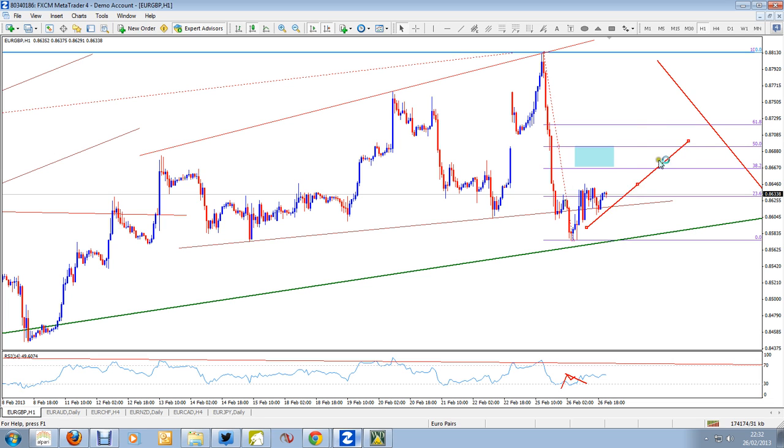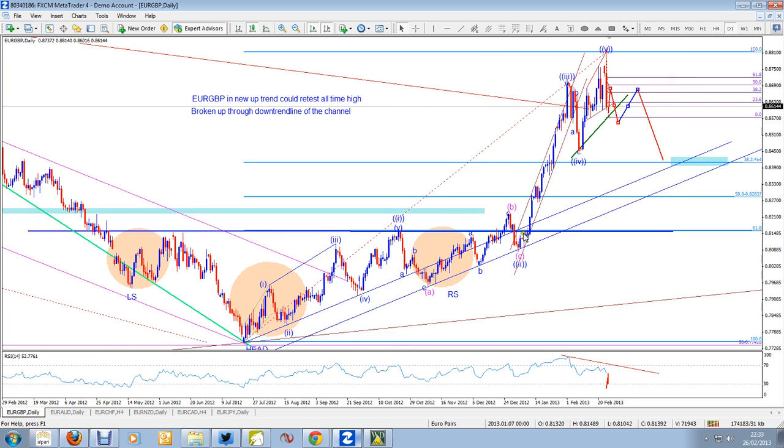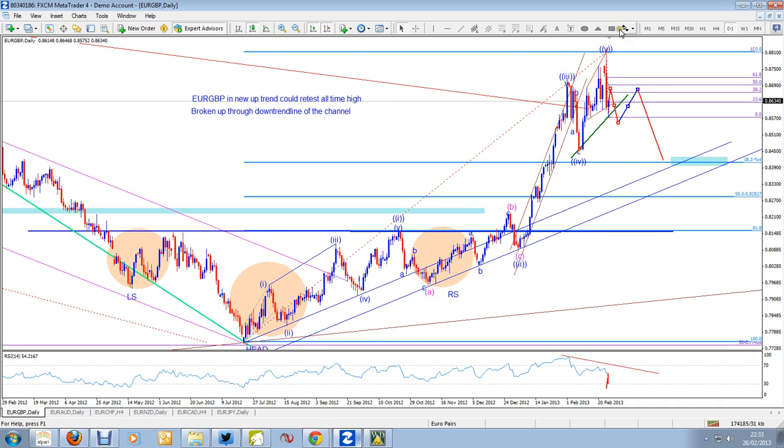So I'm expecting this leg to retrace to something like that over there, and then once that's complete, we expect this wave C downward to commence. Because this is the 5-wave cycle complete, so in reality we got wave 1, wave 2, 3, 4 and 5.